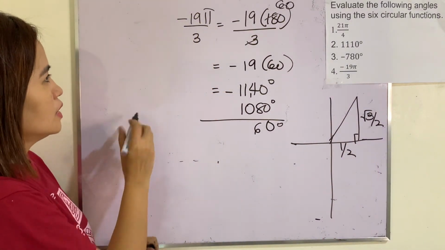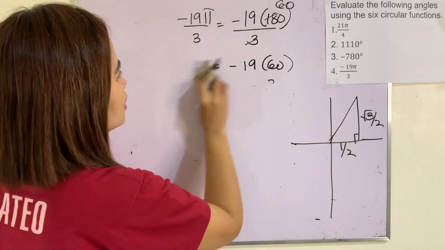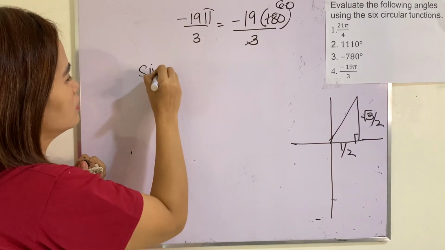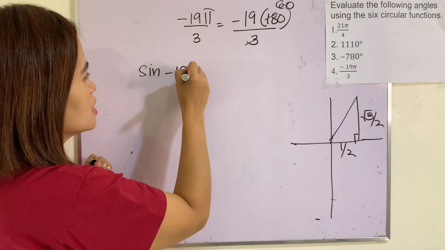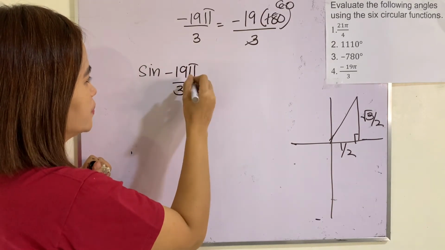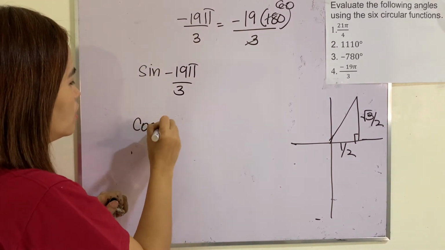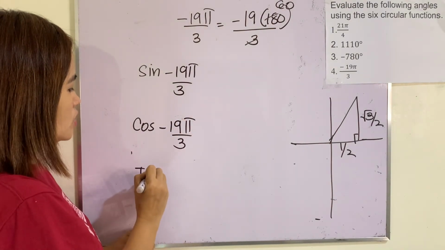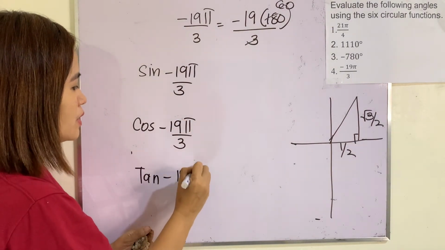So to find the 6 circular functions, this is sine of negative 19 pi over 3. This is cosine of negative 19 pi over 3. Tangent of negative 19 pi over 3.